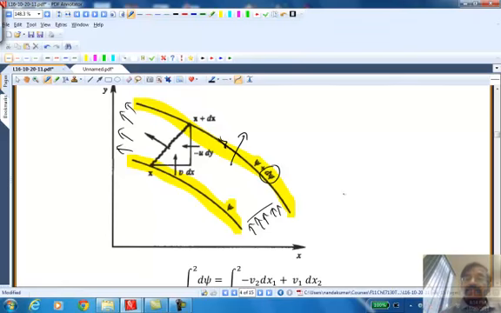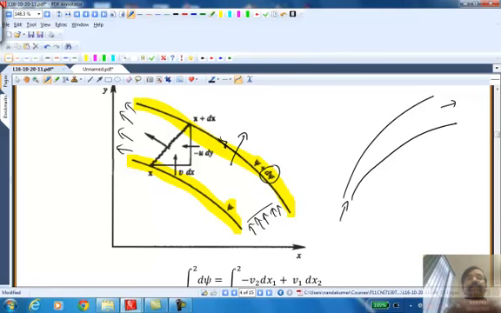Okay? What does that mean? So suppose I have two streamlines that are like this, and the flow is in this direction. What can you say about the velocity in this region versus the velocity in that region? Will the yellow region velocity be high, or will the green region velocity be high? Right, because it's the same amount of fluid that is flowing through a narrow region, right?